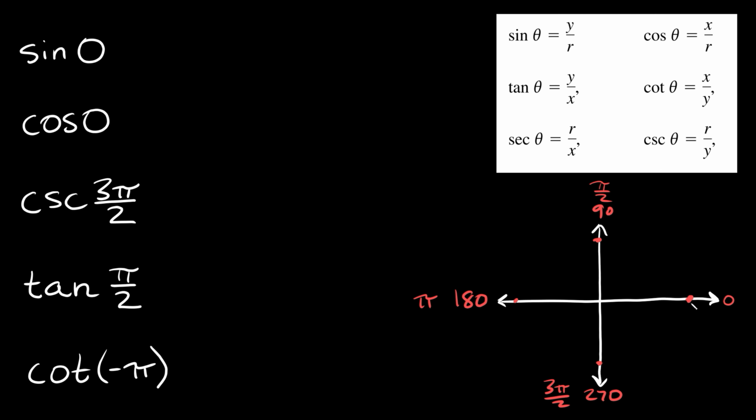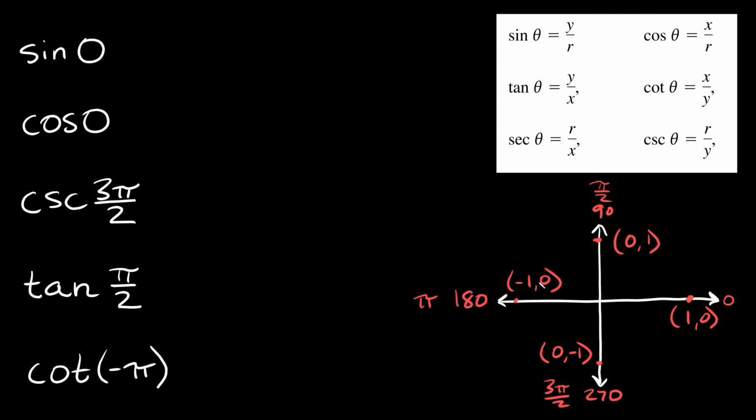Now the last thing that we have to do is just label these 4 points. The easiest way to do this, if you have a choice, is to label this xy coordinate as 1, 0, this one as 0, 1, this one as -1, 0, and then this one down here as 0, -1.